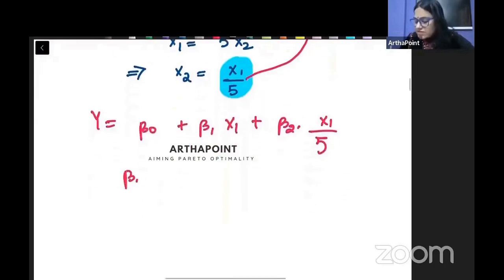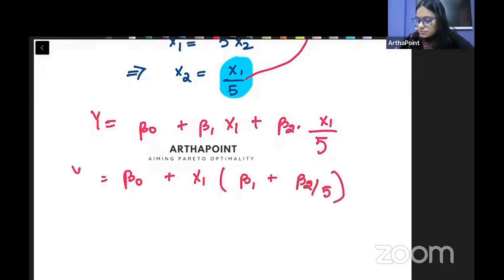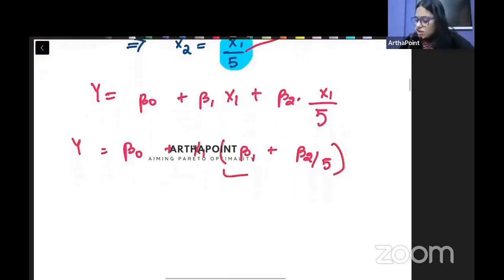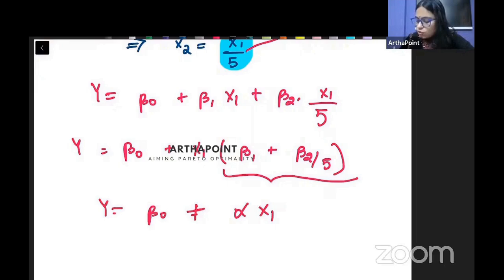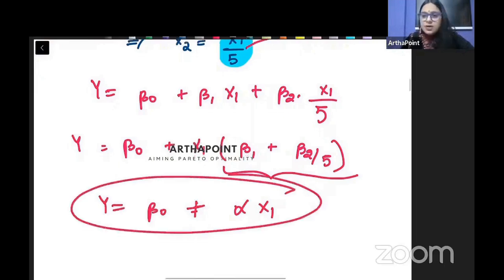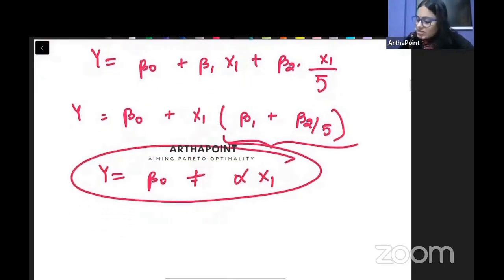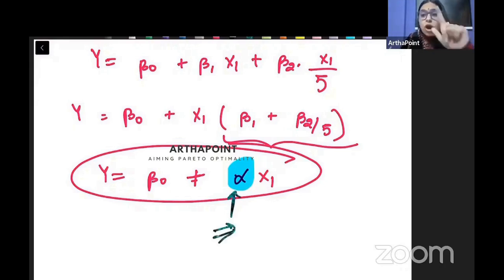If I take x1 common, I will get this. I can just write this as some alpha. The moment I write this as alpha, I can only estimate this alpha. I will not be able to find the original betas. I will not be able to recover their values.